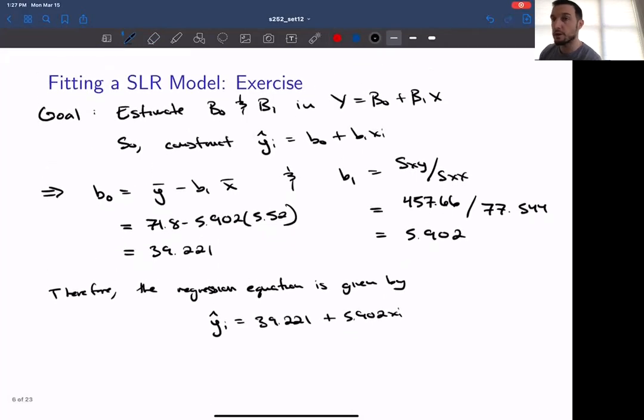So this is the regression equation for the data set that we are working with. Again, all that we really are doing here is estimating beta0 and beta1. Those are the model parameters, and we have our estimates, and then we can plug them into our regression line.